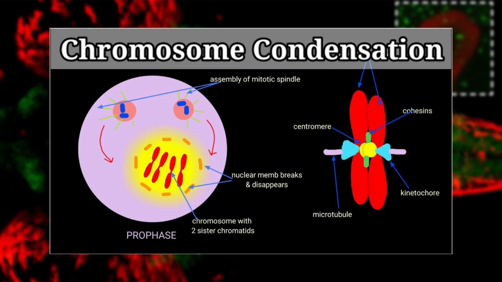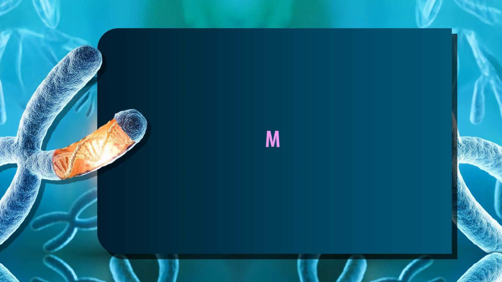Motor proteins like dyneins and kinesins guide separation during anaphase. The spindle assembly checkpoint, or SAC, monitors attachments and delays progression until errors are corrected, ensuring equal chromosome distribution.